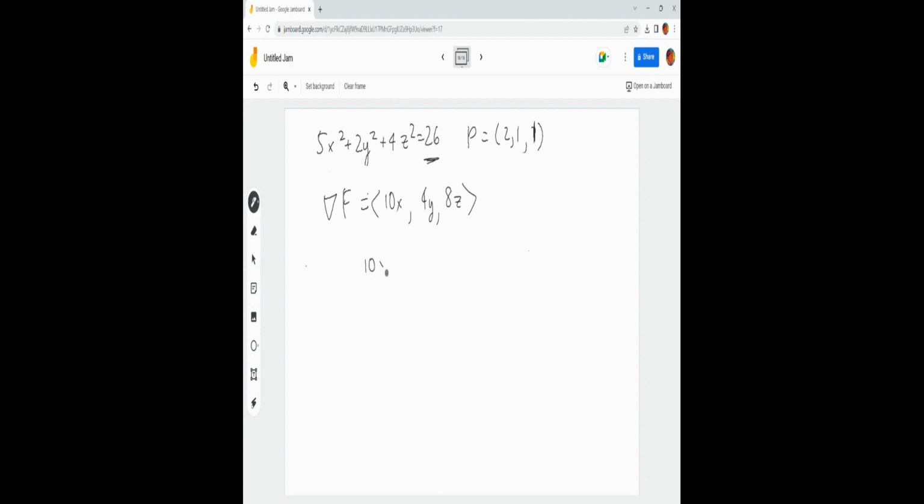Now what we do is 10x do this minus 2. Looks weird, but according to how, wait, I did this wrong. Oh, I did this wrong. No, wrong. No, I need to first plug in this to get 20, 4, and then 8.